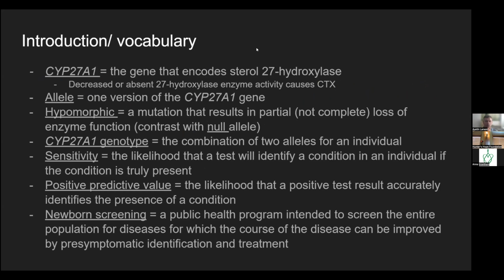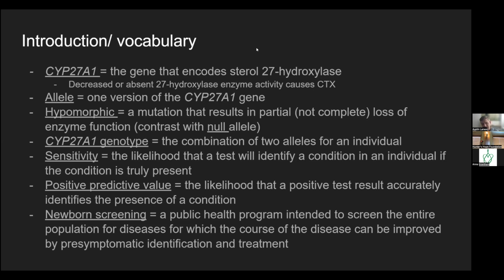So I want to start by introducing a fair amount of vocabulary here. These will be the kind of dictionary of terms that will come up in this presentation and help you to follow along with what I'm talking about here. So the disease CTX is caused by a deficiency of an enzyme called CYP27A1, which is involved in bile acid synthesis.